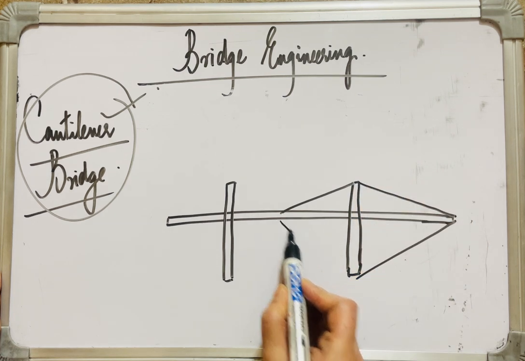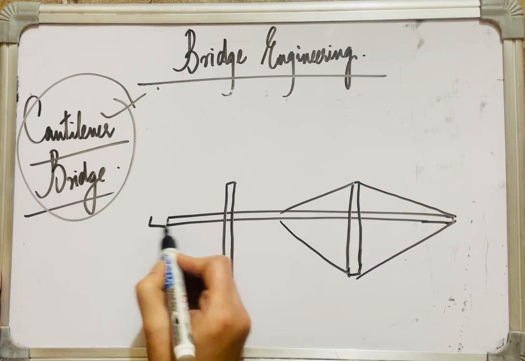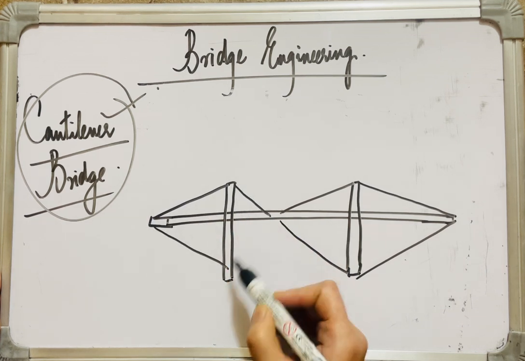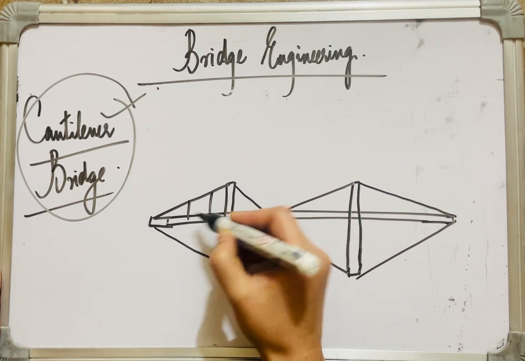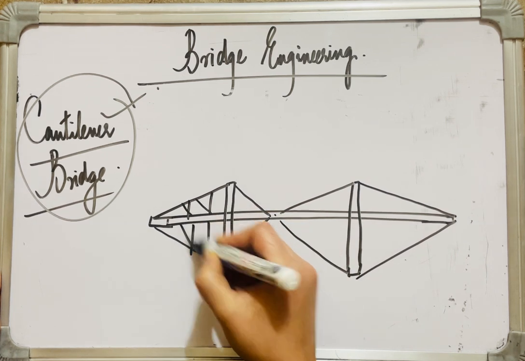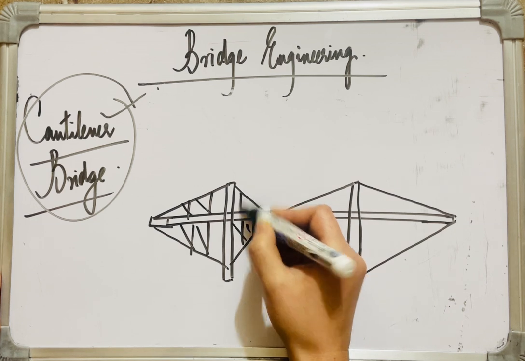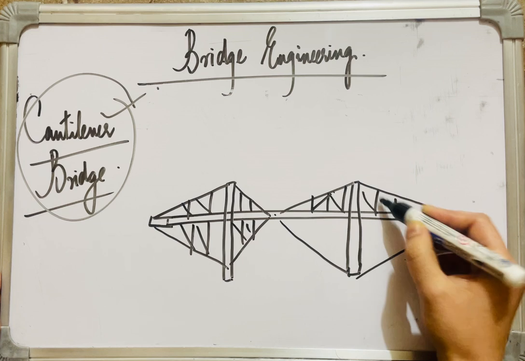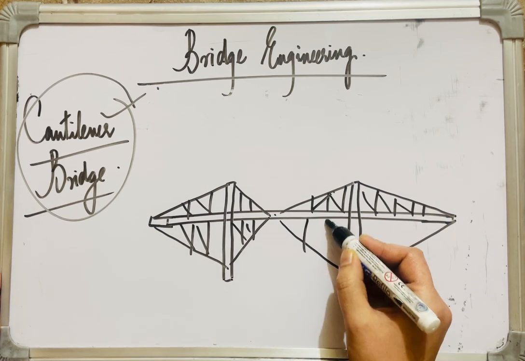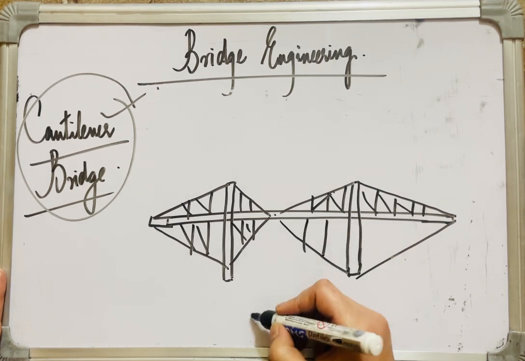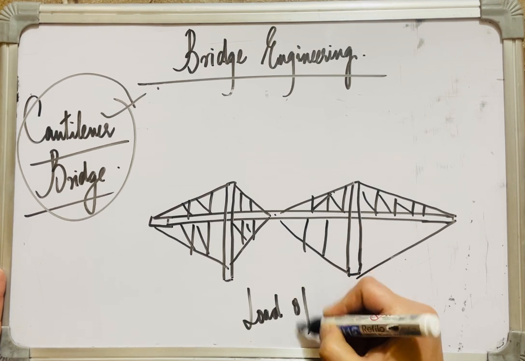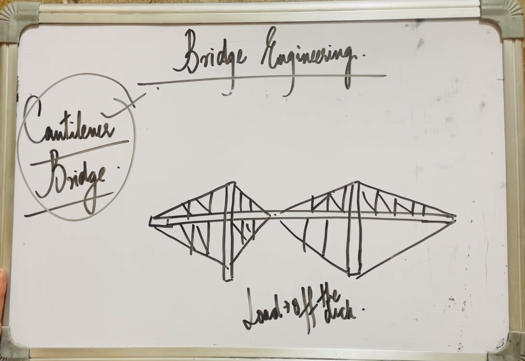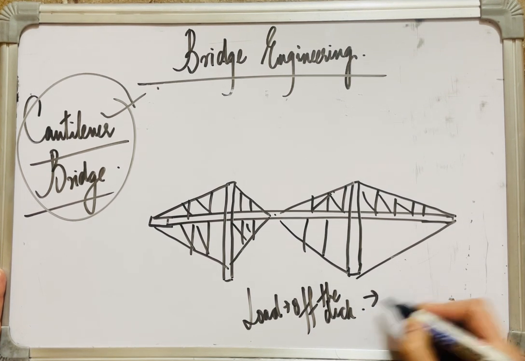So in addition to cantilevers, trusses are also used to support the deck. All right, like so. This is a truss member over here. Here also, these are trusses. The function of these trusses is that they take the load off the deck and transfer it to the supporting piers or abutments.